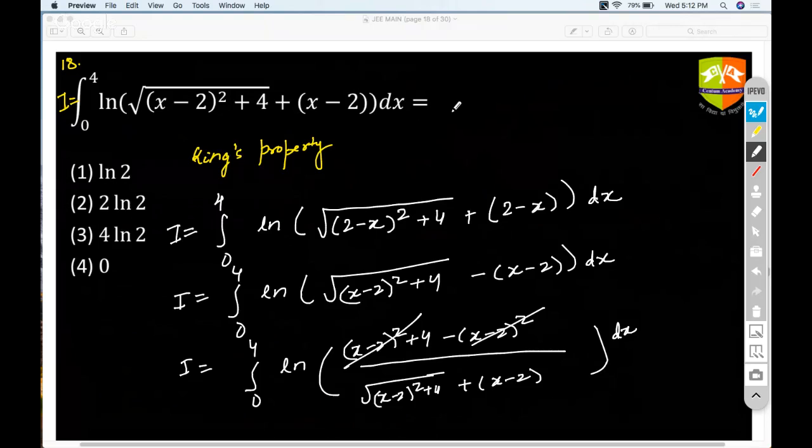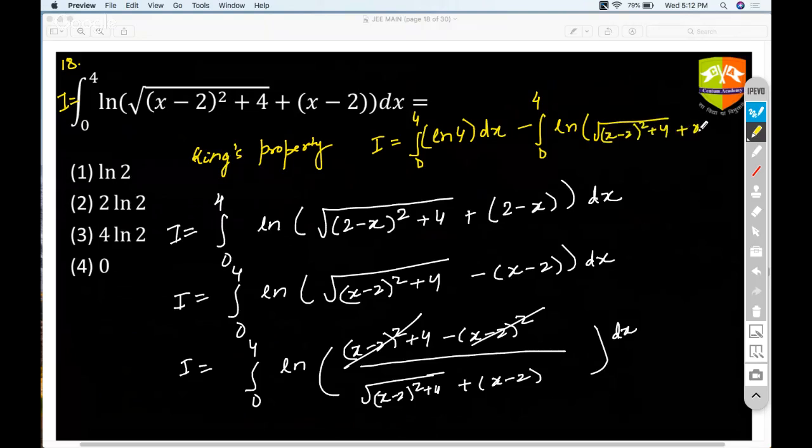So this will leave you with I is equal to 0 to 4 ln 4 dx minus 0 to 4 ln of x minus 2 square plus 4 plus x minus 2 dx. This is I again.